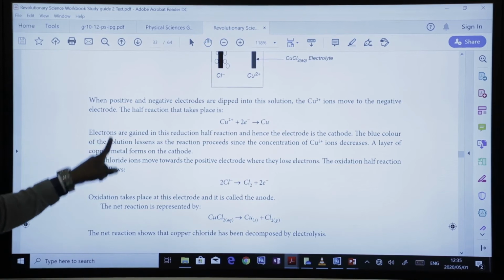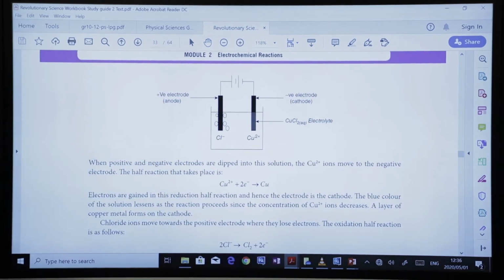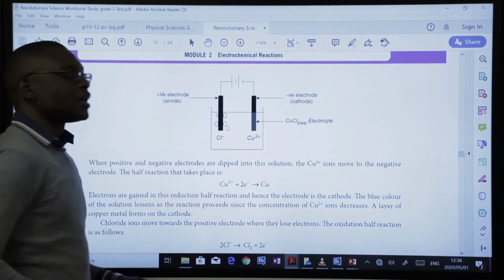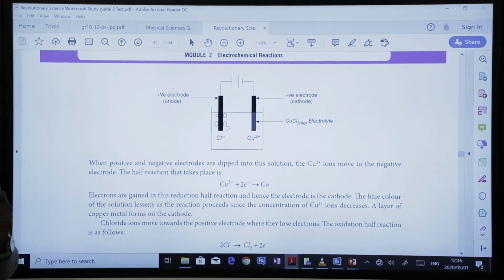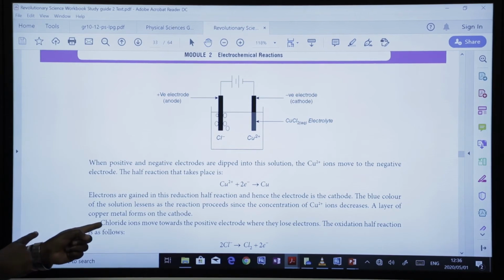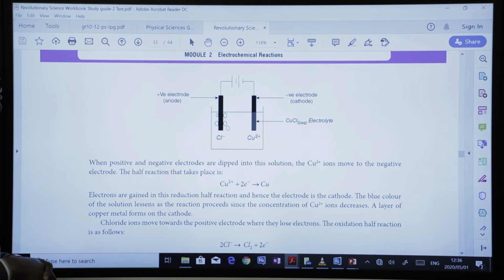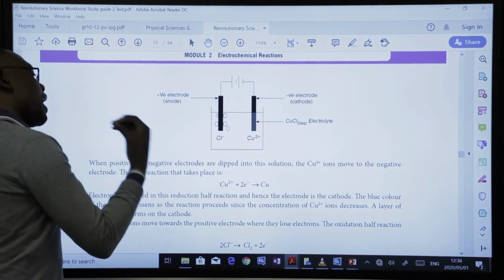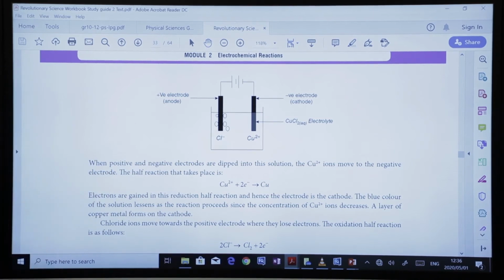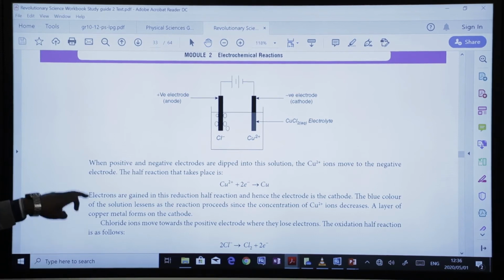We are saying the anode is positively charged, and the chlorides are carrying an extra electron, which is making them negative. So when they get here, they lose the electron to the electrode. And then when they give up their electron, they change from being ionic species in solution, and they turn into chlorine gas. So this is what happens.